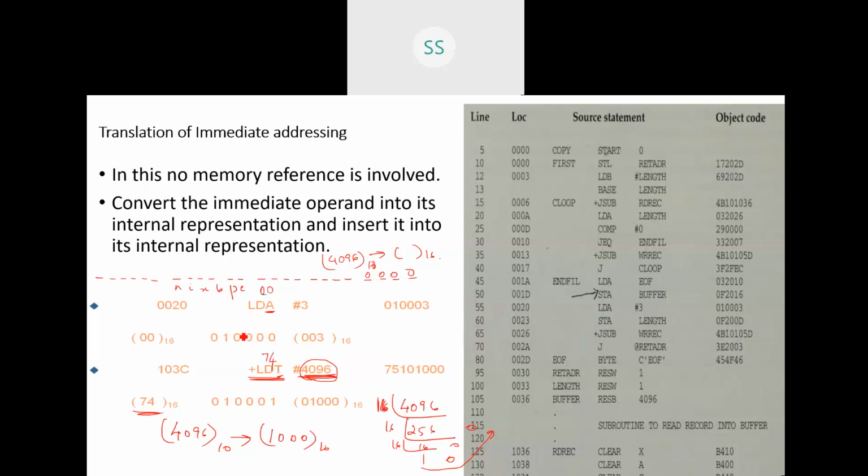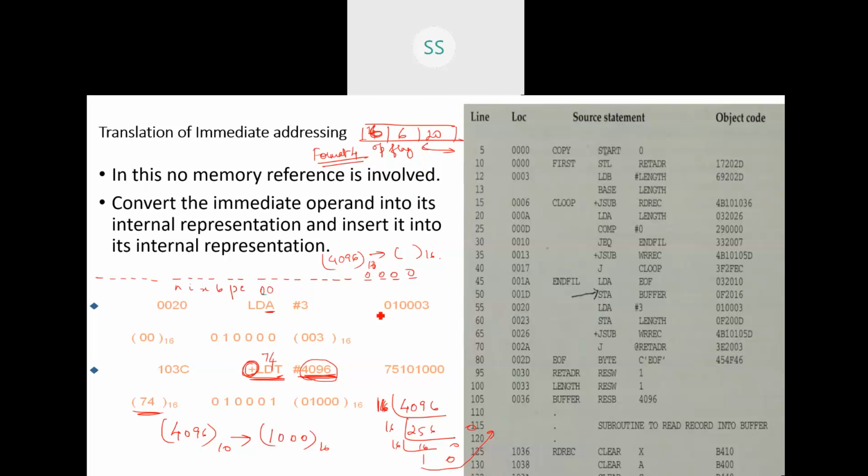Okay, so one thing that we didn't check is it is plus sign. So when it is plus sign, which format I'm going to use? I'm going to use the format 4. What is format 4? 6 bits for your opcode, 6 bits for your flag, and 20 bits for your address.